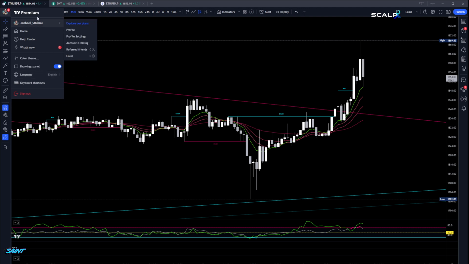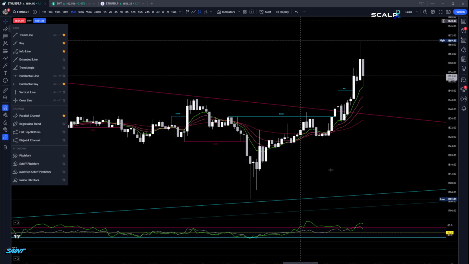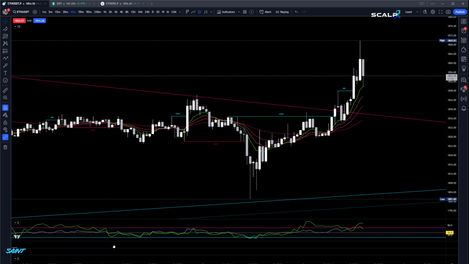On the left hand side, you have all your tools that you can use, and on the very bottom, this little star right here will give you your toolbar, the floating one. You can move it around, so it's easier for you to use. I just keep it down here, just to make it easy.